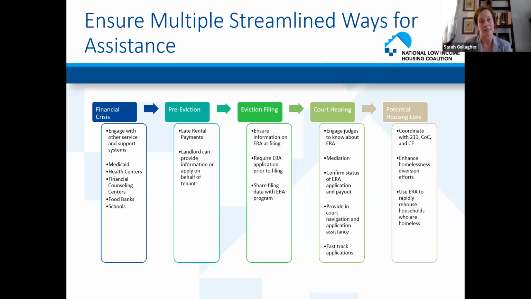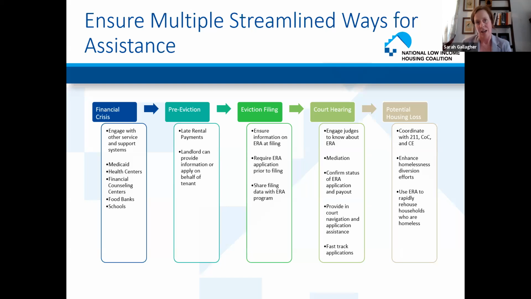So for example, if someone has a financial crisis early on and you're engaging with a health center or financial counseling, you might want to do direct referrals to ERA and be able to streamline documentation practices. If someone's already in court, there might be opportunities to use data to identify if a landlord has received full payout, and you can stop an eviction from moving forward.